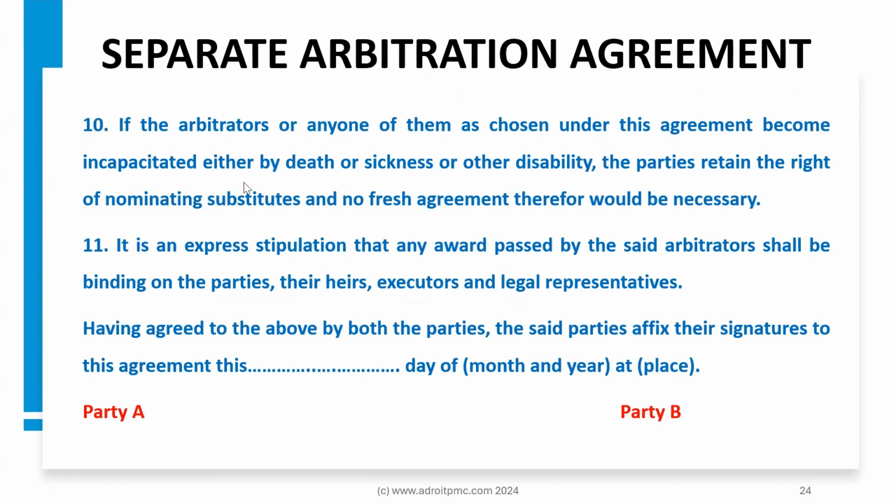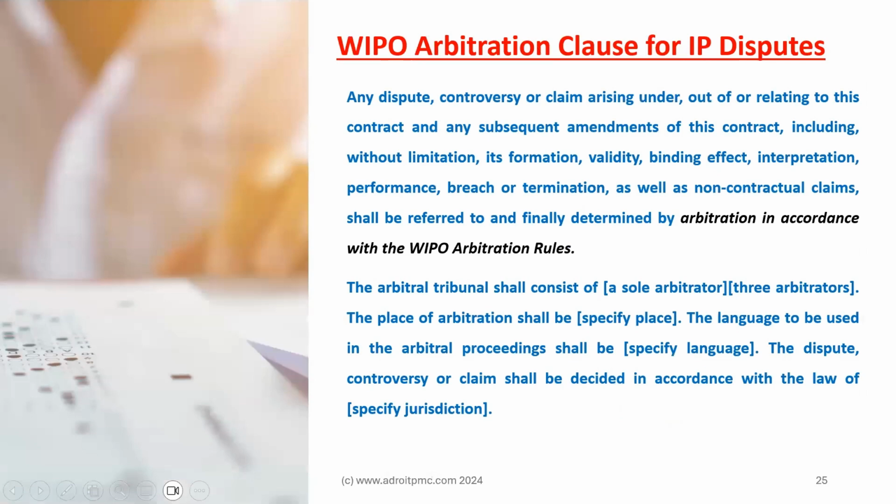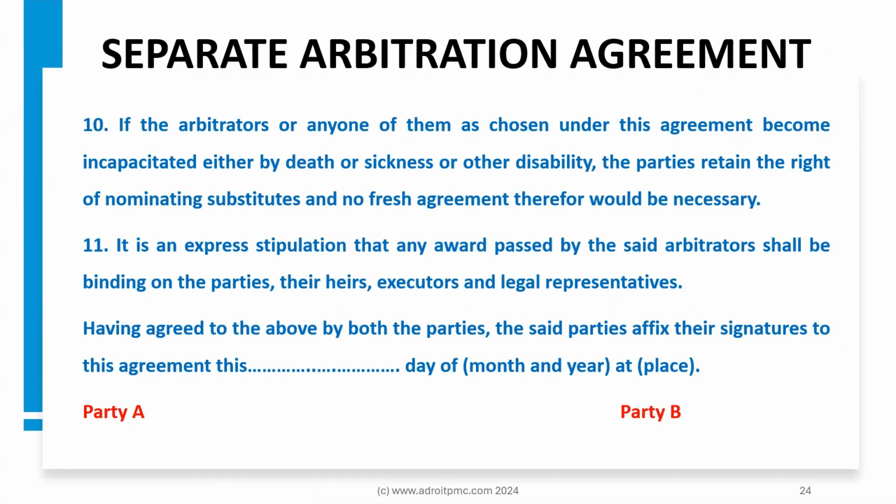Next is if the arbitrators or any one of them chosen under this agreement become incapacitated, if the arbitrator becomes dead or sick, then the parties, as I said before, could retain the right of nominating substitute arbitrators, and there is no need for any fresh arbitration to resolve the disputes.